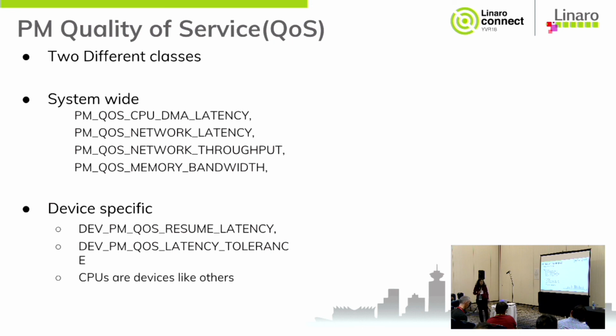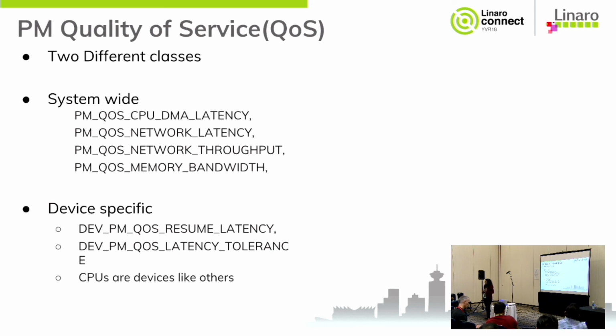Because device-specific latencies can now be specified, and CPUs are treated like a device, there can be a per CPU constraint, which means one need not go through the system-wide constraint to put a latency constraint.